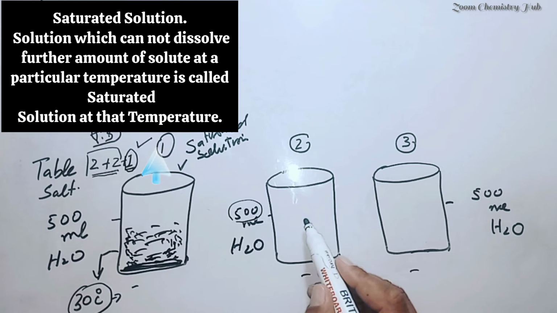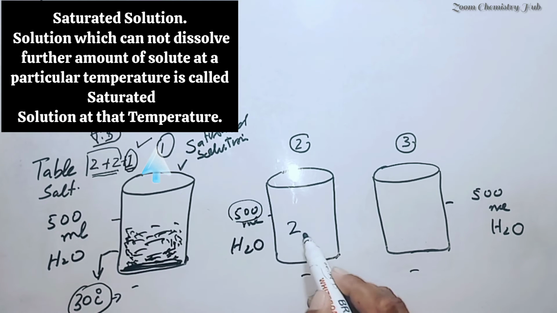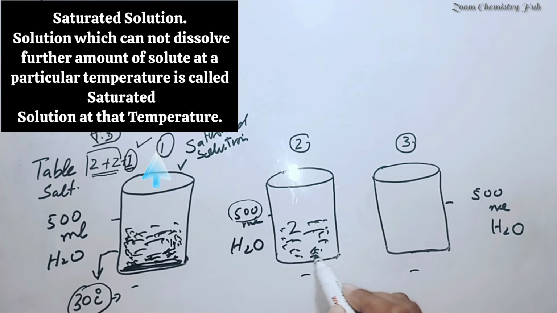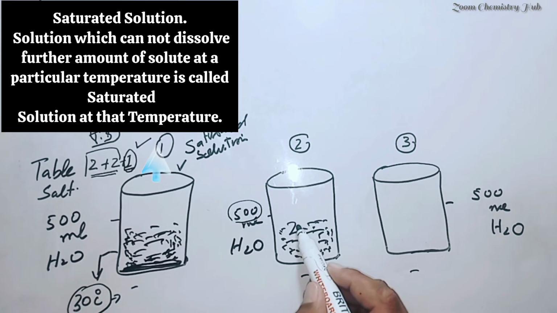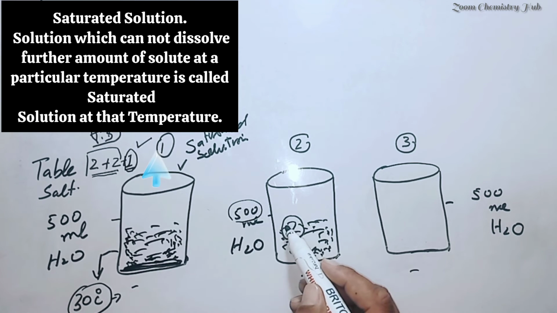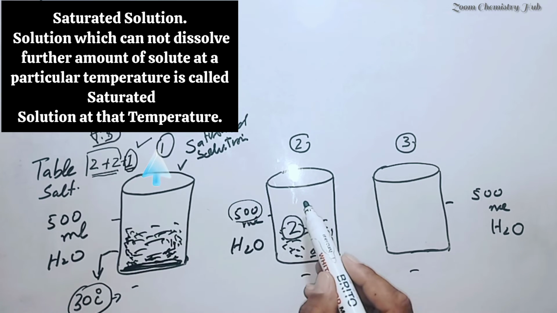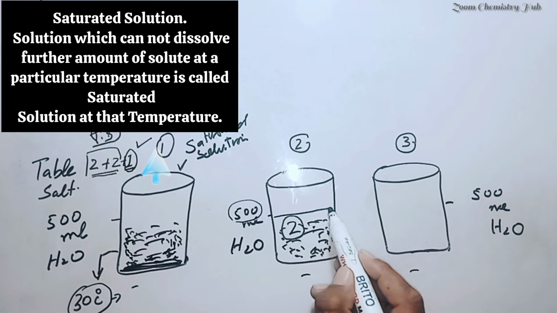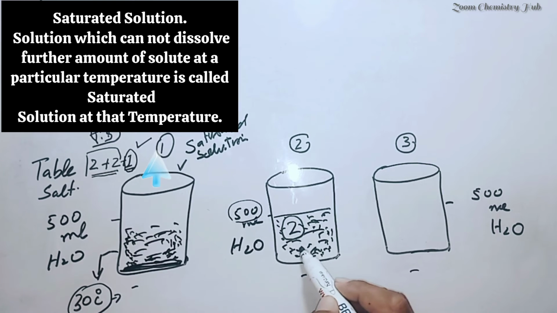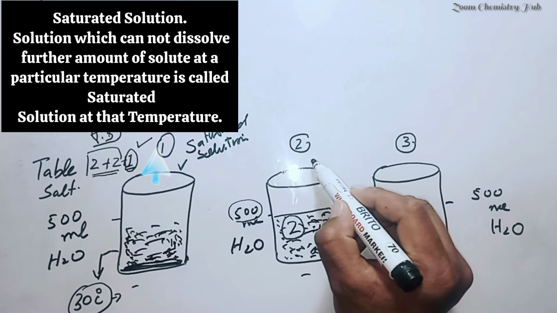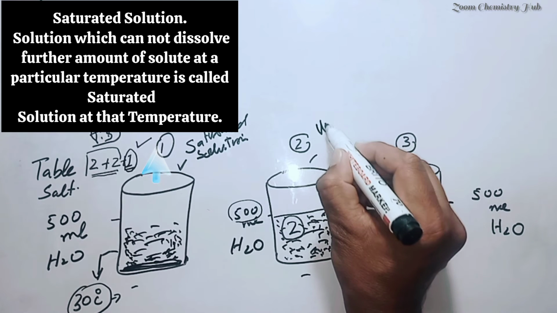Now if we dissolve 2 teaspoons of table salt in this solution and stop dissolving further amount of solute, then it has the ability to dissolve further 2 tablespoons in beaker 2, which we do not dissolve in this solution. So at this stage this solution is called unsaturated solution.